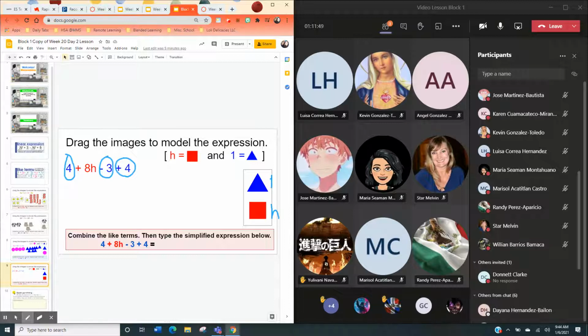and all I'm going to do is model it. I'm not going to show you the simplified expression. So if it tells me we have 8h, I'm going to drag over 8 of these squares.